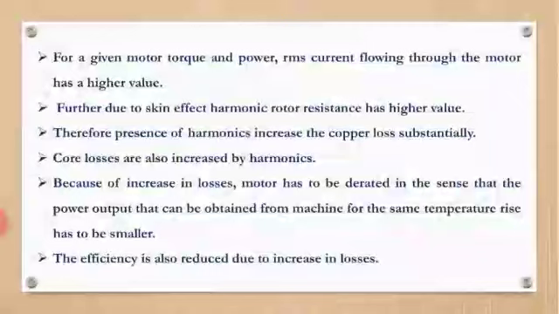Therefore the presence of harmonics increases the copper loss. Core loss is also increased by harmonics. Because of the increase in losses, the motor has to be derated, in the sense that the power output that can be obtained from the machine for the same temperature rise has to be smaller.